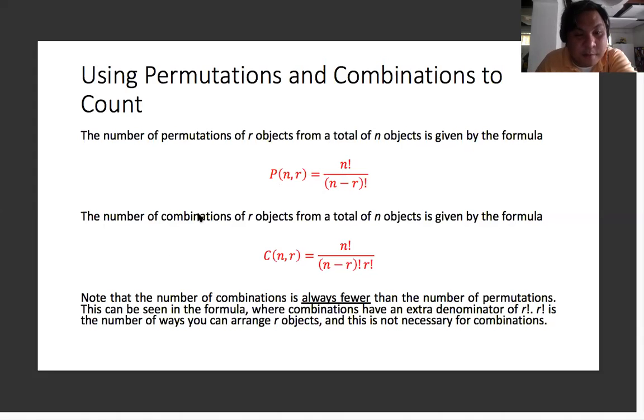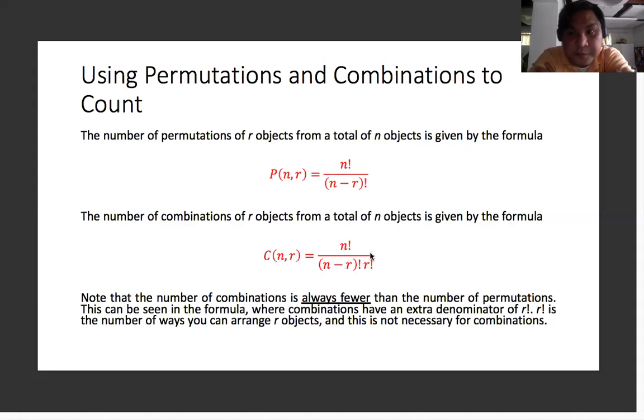Next, the number of combinations of R objects from a total of n objects is given by the formula C(n, R) equals n factorial divided by the quantity (n minus R) factorial times R factorial. Take note, for combinations, you actually have an extra denominator, which is the R factorial. It's pretty much the same fraction, except for that extra denominator.